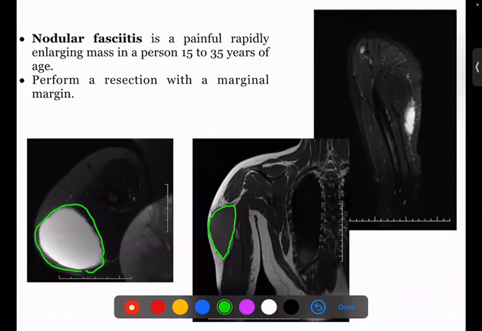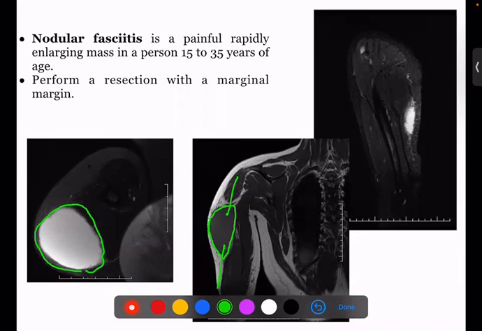But when you come to sarcoma, sarcomas are respectable tumors. They always stay within compartments. If the tumor is inside, for example, a soft tissue mass within a compartment, it always spreads up and down within that compartment.